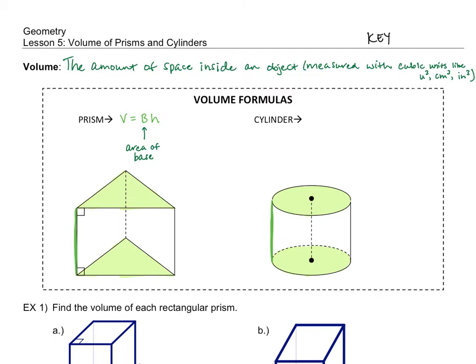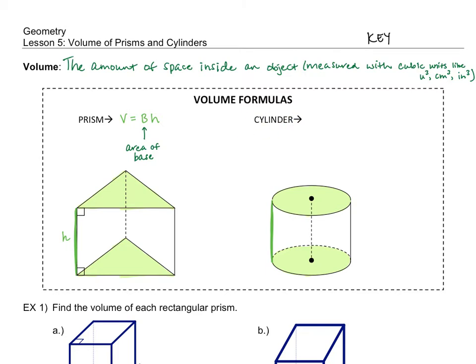So this idea of area that we've looked at before, surface area, is going to be incorporated into our figure. Here, the area of this base is really saying what's the area of our triangle. And what we're going to do is multiply it by the height that we have right here, our height h. So it's essentially saying we're taking all of these areas and stacking them up all together for this height.